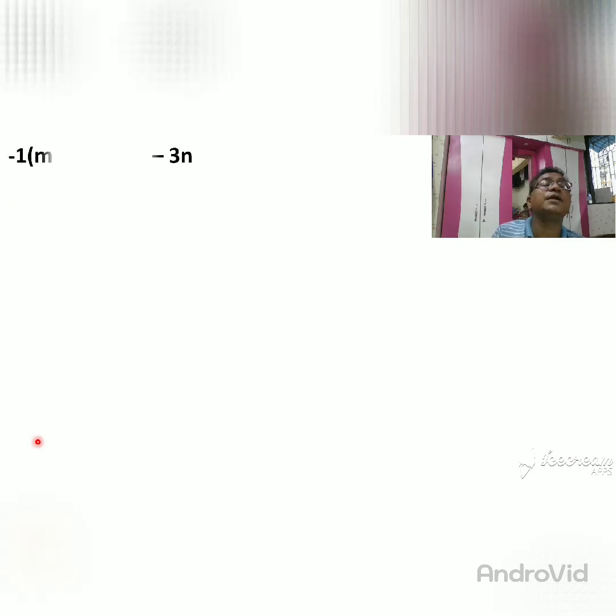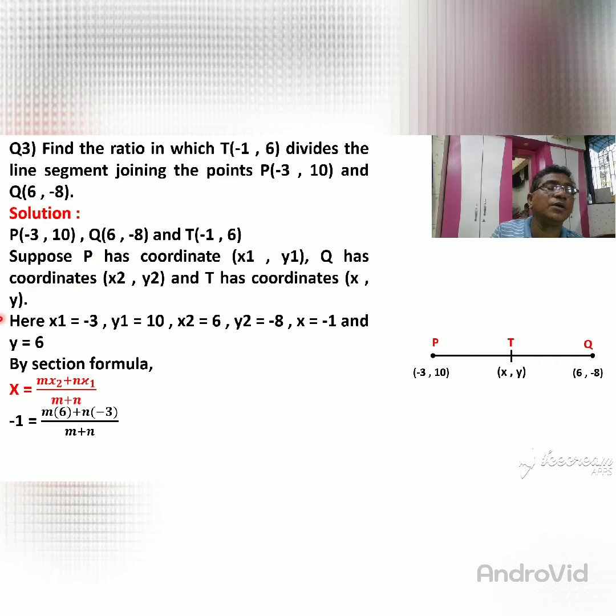So 6m minus 3n. Here, -1 is multiplying m plus n, and here 6 into m is 6m and -3 into n is -3n. So 6m minus 3n is equal to -m minus n. That is what you are getting.